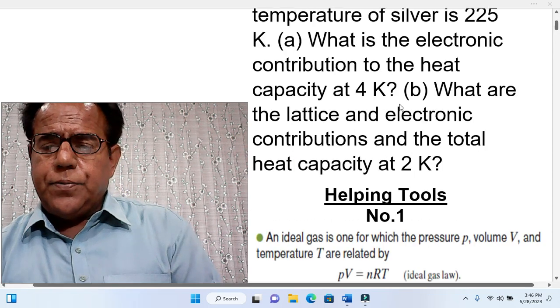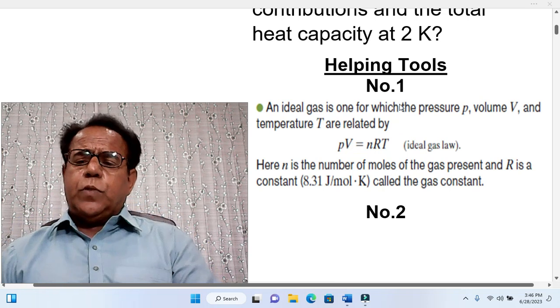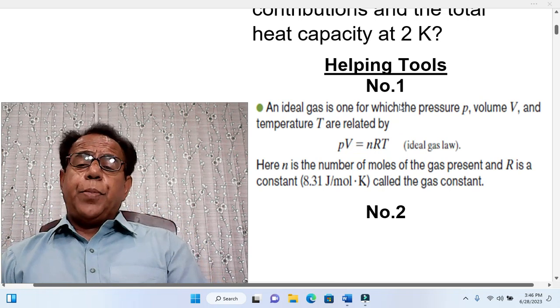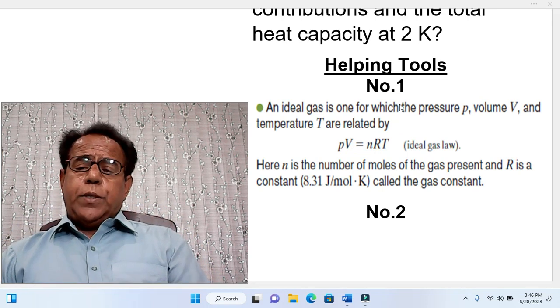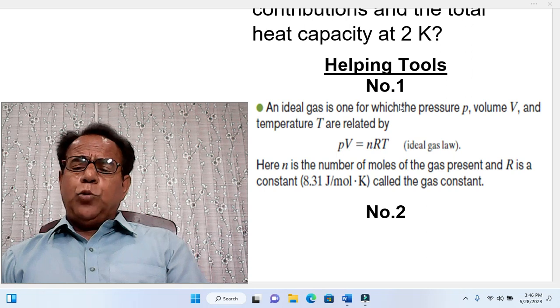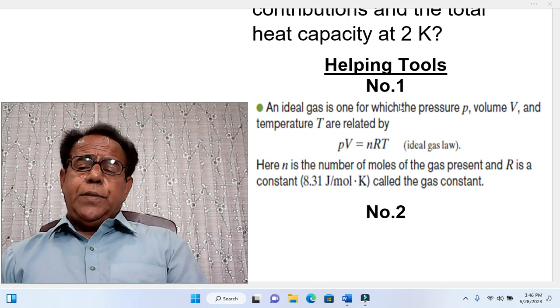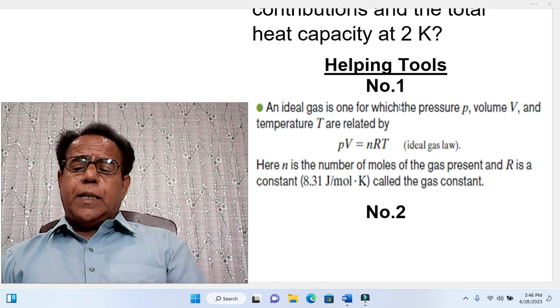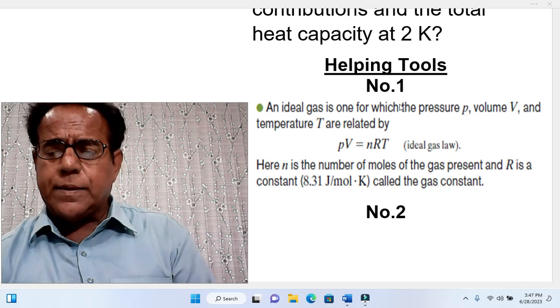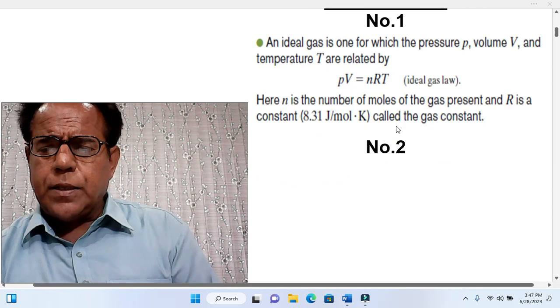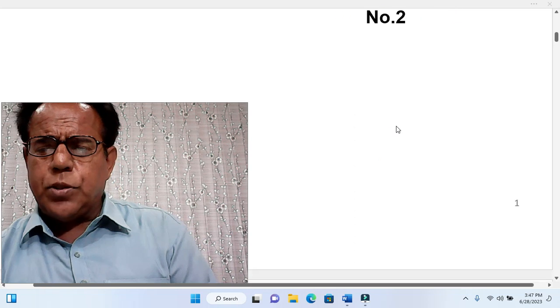Yes, students, first we move towards helping tools. The purpose of the first helping tool is just to give the value of the universal gas constant, which is 8.31 joule per mole Kelvin, and hence no need for further wasting time on this tool.